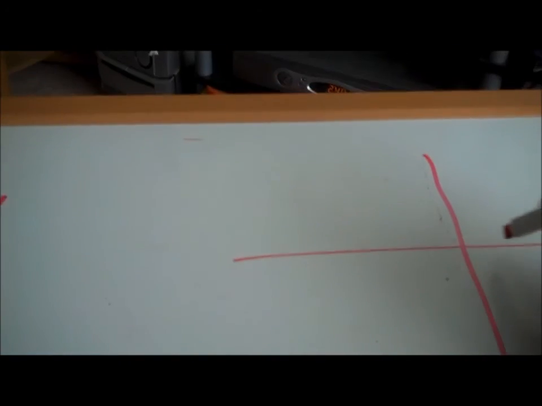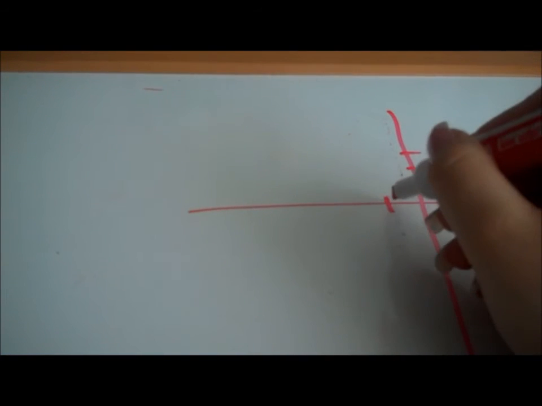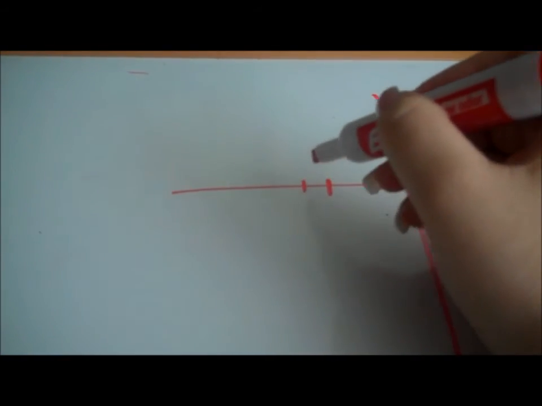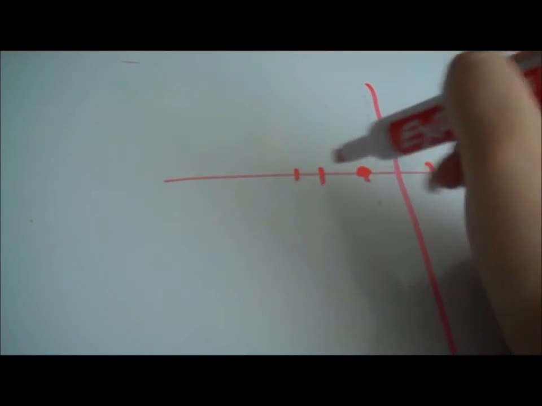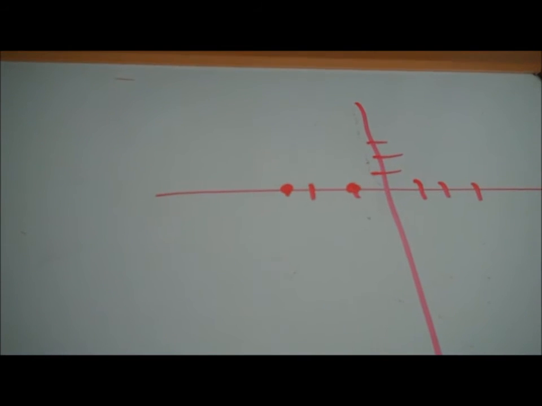So we can kind of already start seeing a picture, right? If we were to graph this, negative 1, 0 is right here. Negative 3, 0 is right here. So those are our x-intercepts. Okay.